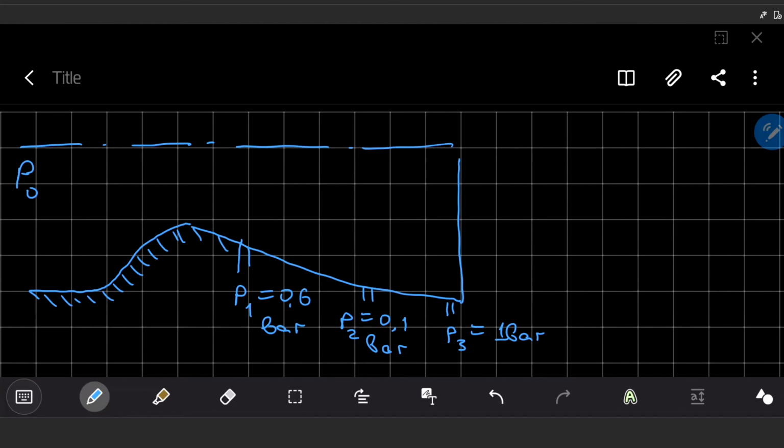So what we know from the theory of shock waves is that a sudden rise of pressure from point 2 to point 3, from 0.1 bar to 1 bar, is a 10 times pressure growth, and probably between these two points we have a normal shock wave.